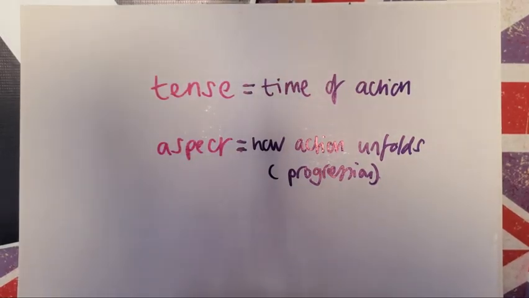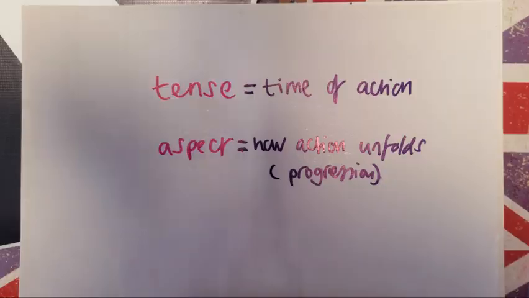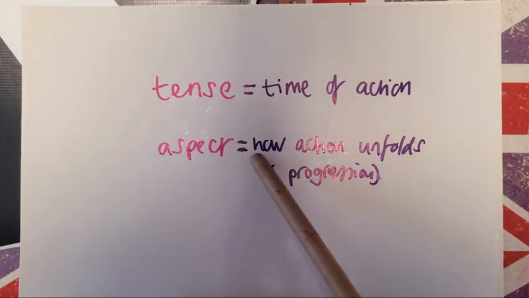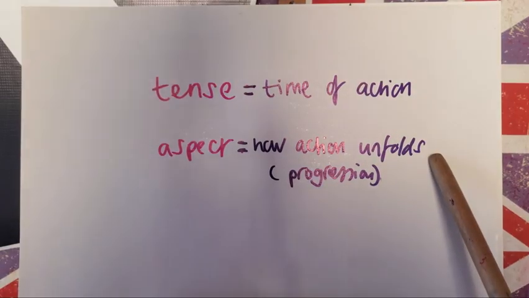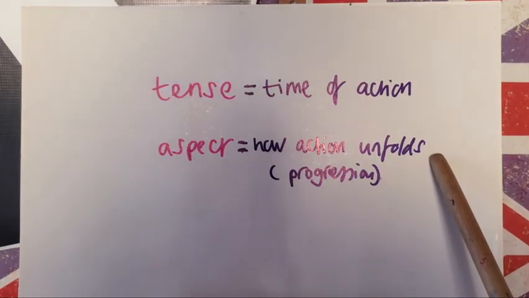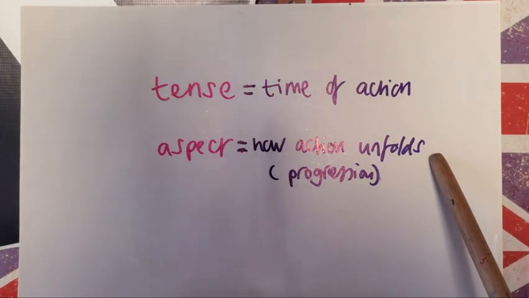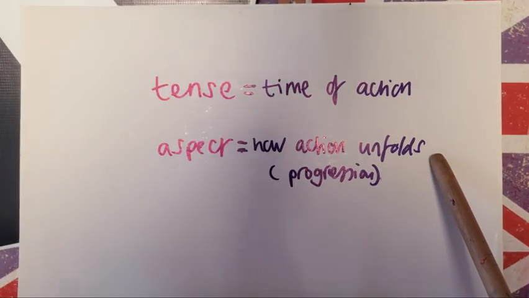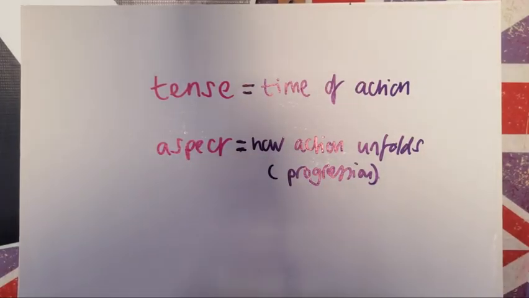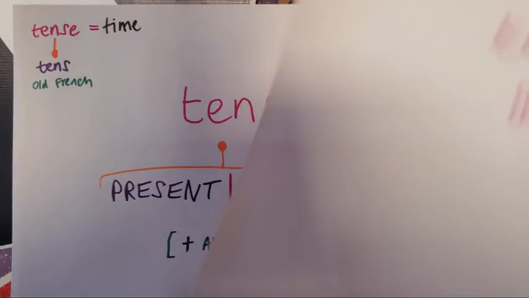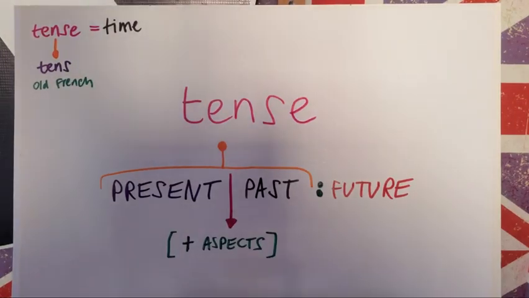I have walked, I had walked, etc. They're all in the past, but what we've done is add a dimension of how the action unfolds. I had eaten before Dolores arrived, or I have eaten, see? So the aspect adds the have or the had or the was bit to the past tense.